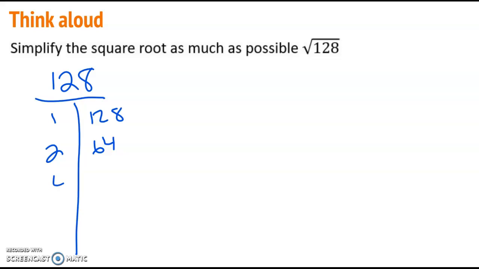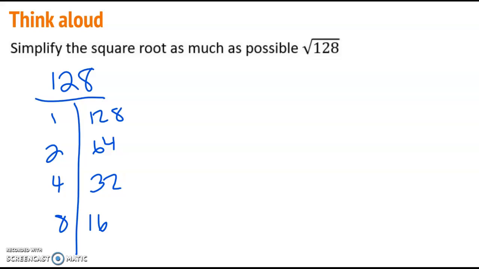No, but I know 4 times 32 will give me 128. And I think there's one more factor, and it's going to be 8 times 16. I'm going to be listing out all of the factors of 128. As soon as I'm done finding all of the factors, I want to find perfect squares.